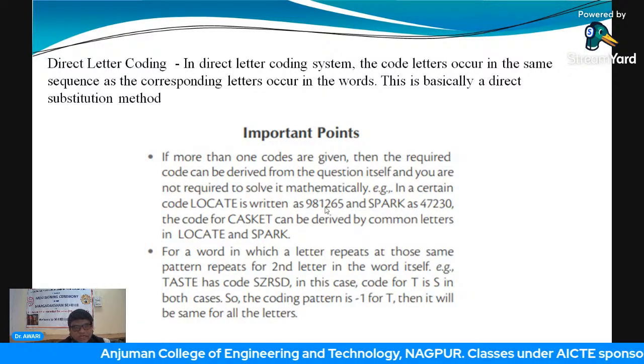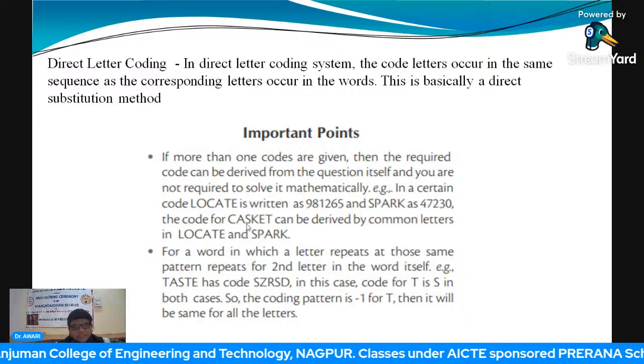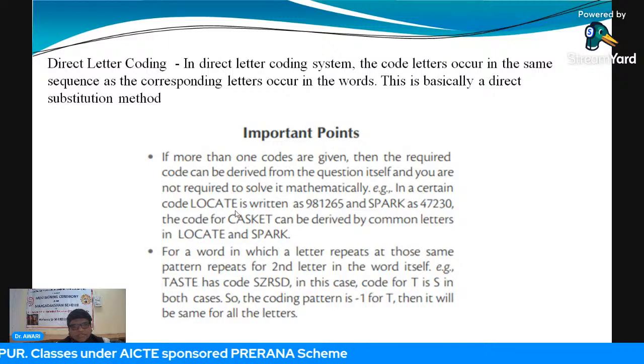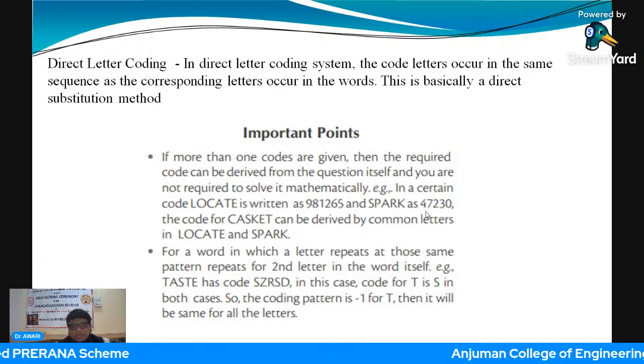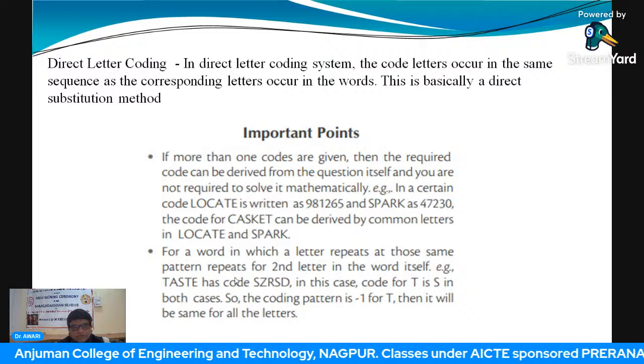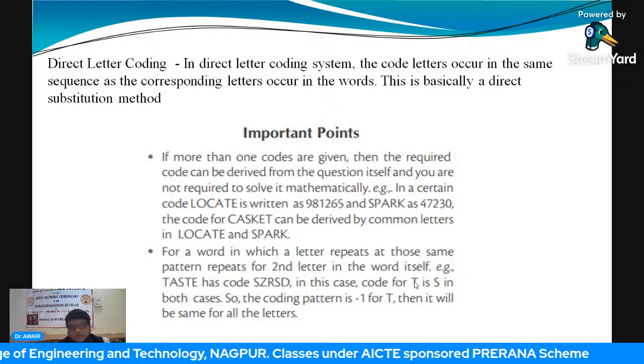So which means that ये अभी C A S C A D E का हमें निकालना है, तो ये दोनों के बीच में वर्ड्स आ गया, actually L O C A T E 981265. स्पार्क मतलब क्या है, 47230. So locate and spark. So for a word in which a letter repeats, the same pattern repeats for the second letter in the word itself.